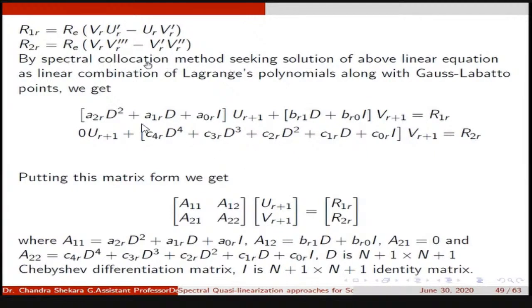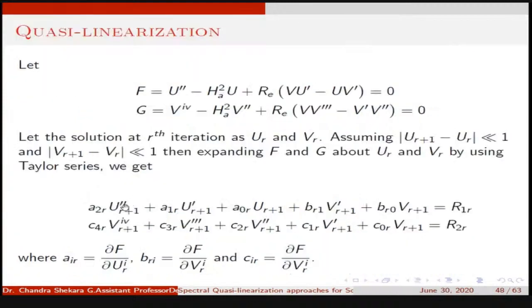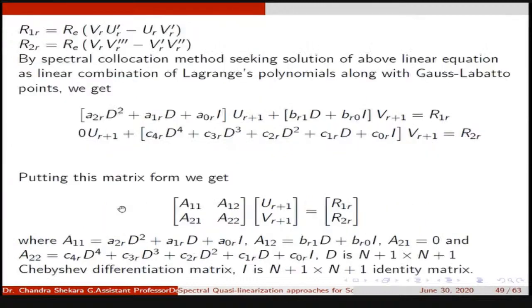Then we use a spectral collocation method to get the solution of this. I'm using the Lagrange polynomials as basis functions along with Gauss-Lobatto points as the collocation points. Once we use Lagrange polynomials, the derivative u double dash means L double dash, which is D squared, as I explained.